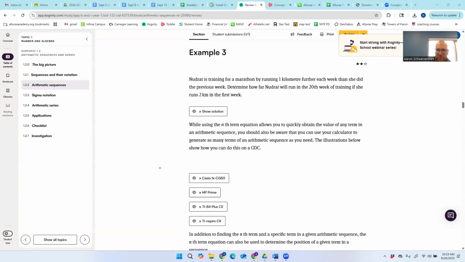So she's adding 1 each week. The easiest way to do this is probably write the arithmetic or the explicit formula, which can follow this general form.